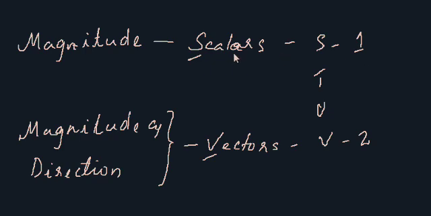So scalar can be described by a single parameter, that is magnitude, and vector can be completely specified by two parameters, that is magnitude and direction.